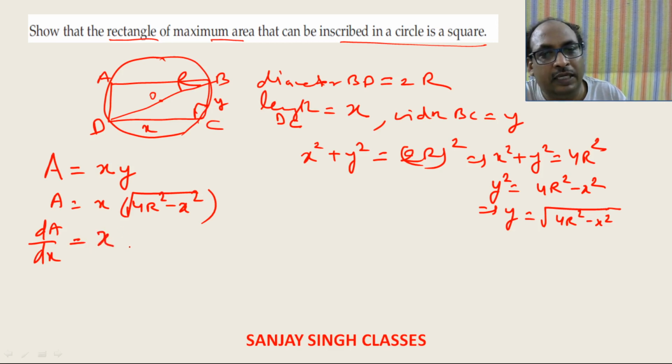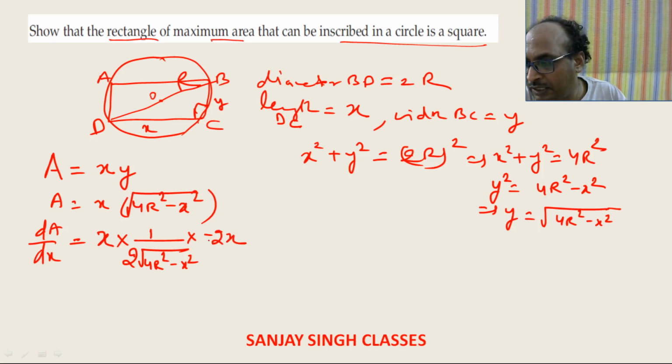Leibniz rule we will be utilizing, product rule. So x into half over whole root 4r square minus x square into minus 2x. Another one plus whole root 4r square minus x square.